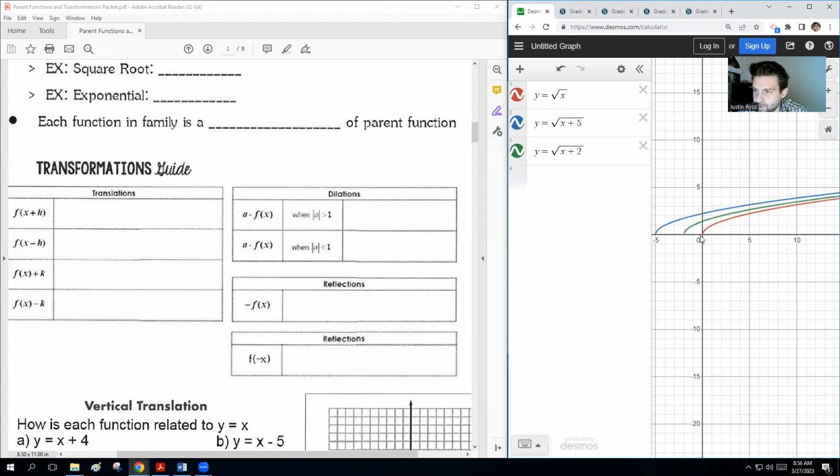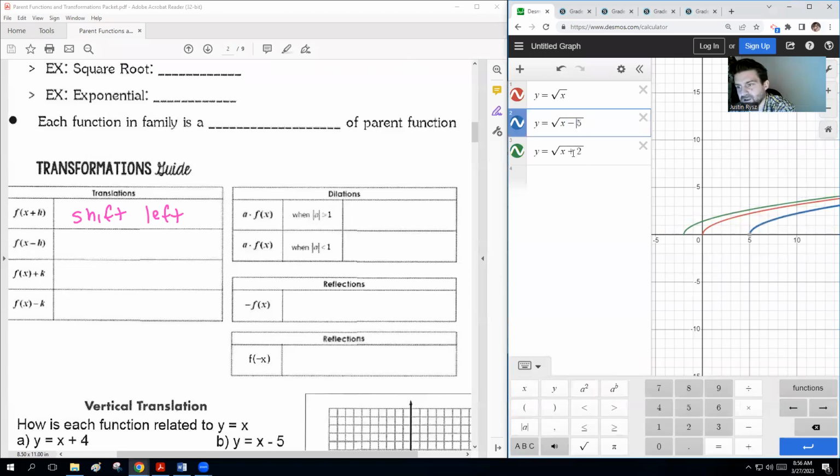Okay, you can see it's still the same shape. Everything just gets moved to the left. So we can say that this shifts left. What if we subtract? If we change this to a minus 5, minus 2, same thing, but now it's the same graph, just over to the right.